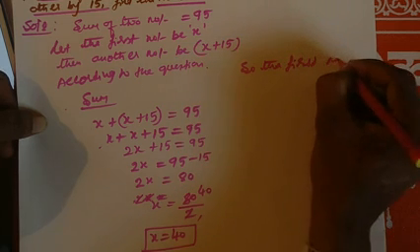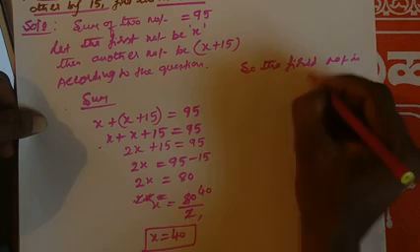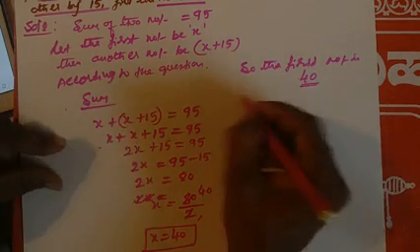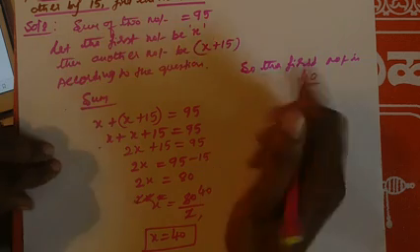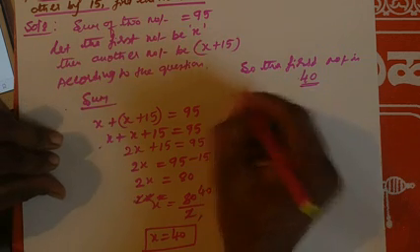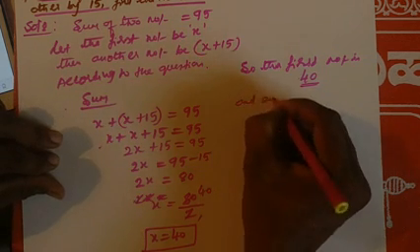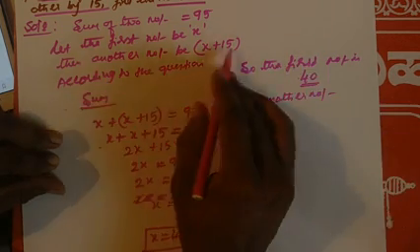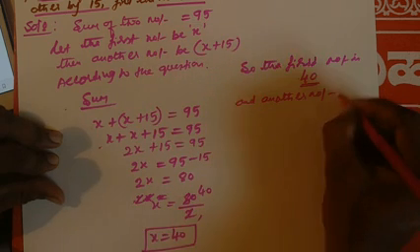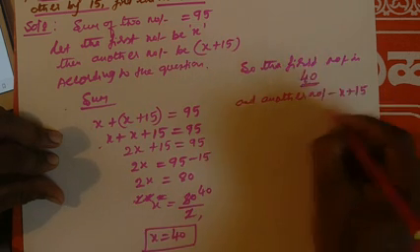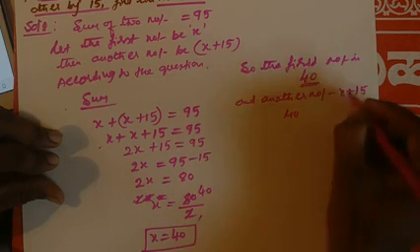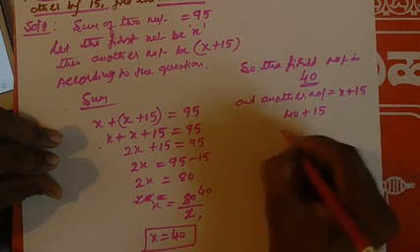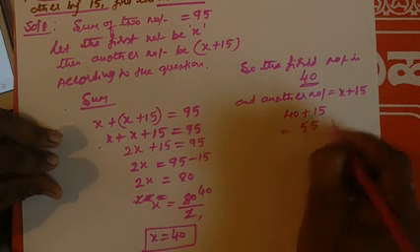So the first number is 40. Okay. And another number. What is another number? X plus 15. X is equal to 40, plus 15, which is equal to 55.